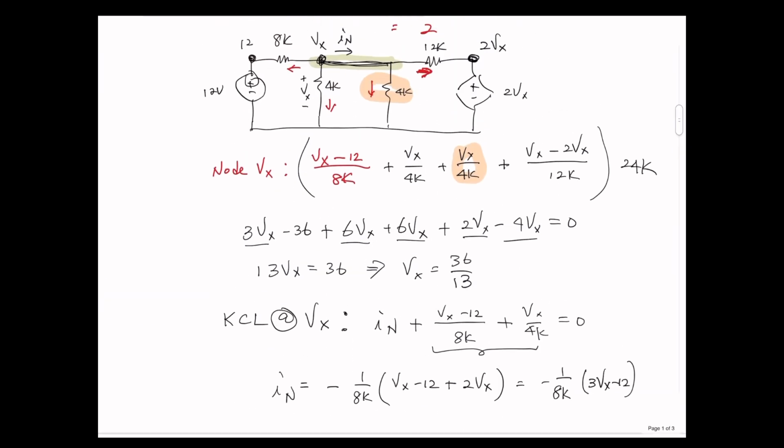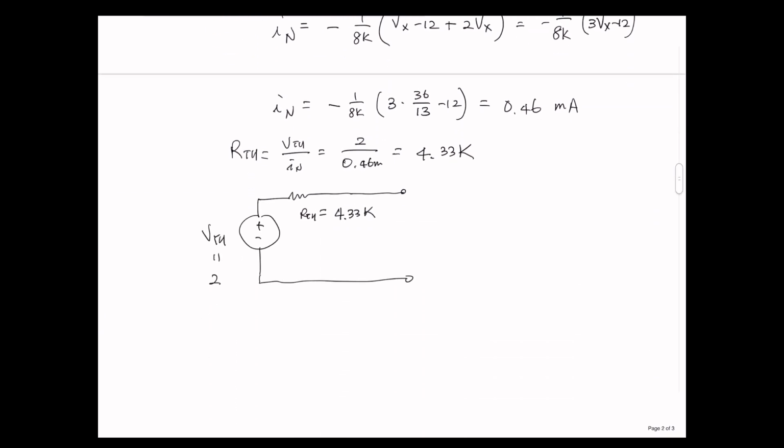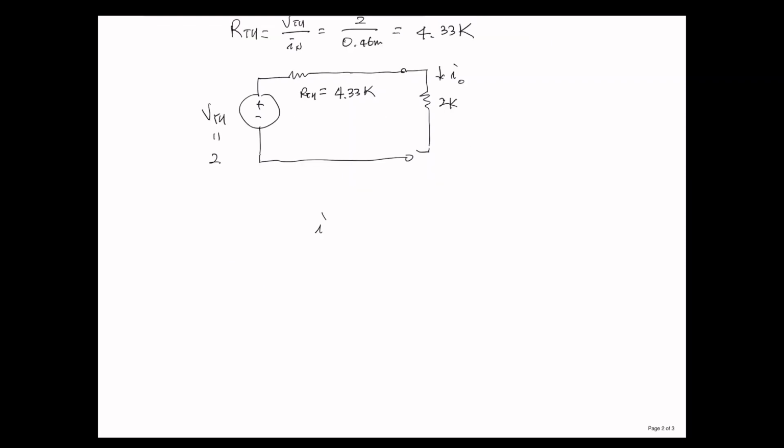Then put the 2 kilo ohm back in here, and this is I sub 0. Therefore, I sub 0 equals 2 over 6.33K. That is 0.316 milliamp.